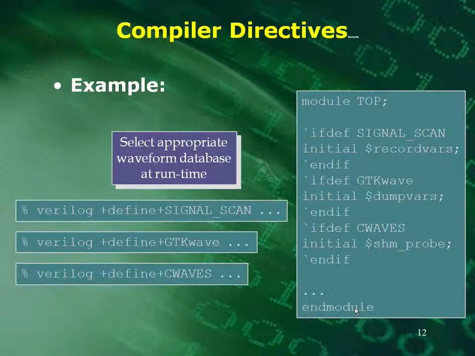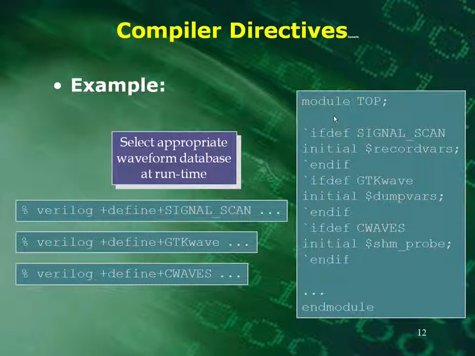Here's another example. Here we have a module called top, and I have various ifdefs in here. Here's one here, here's one here, and here's one here. Depending on which of these are defined, it's going to include some optional Verilog code, some initial statements I have here. Let's say I did a compile and I said +define on the command line +signalscan.